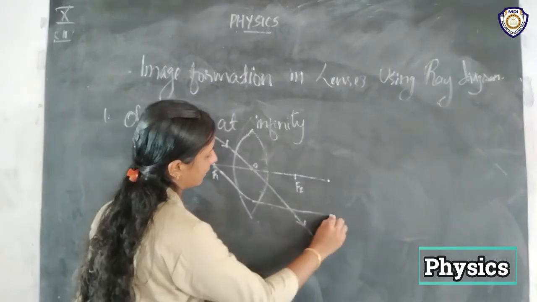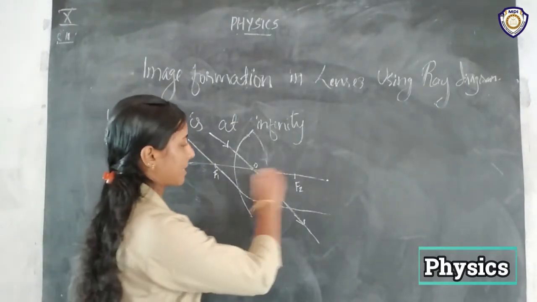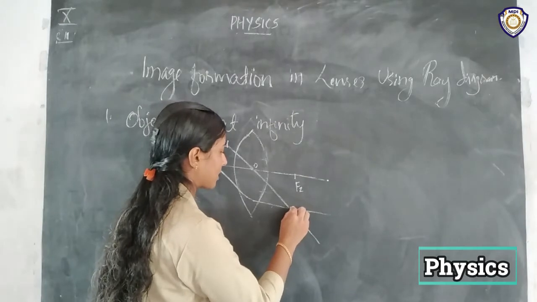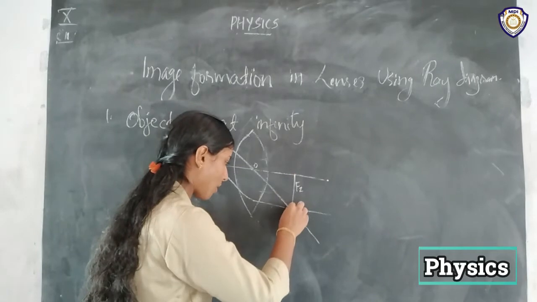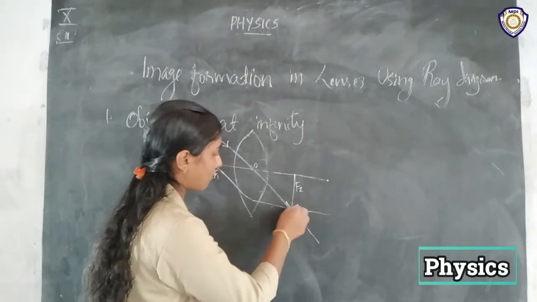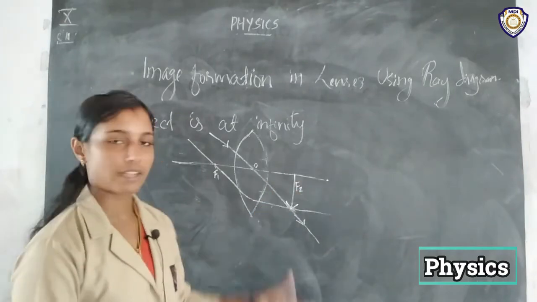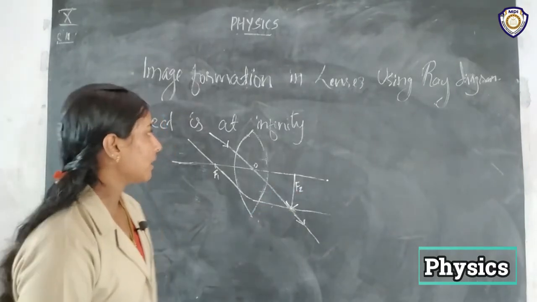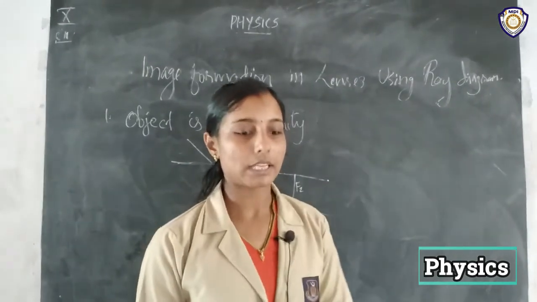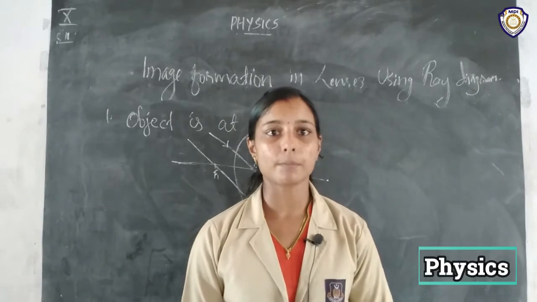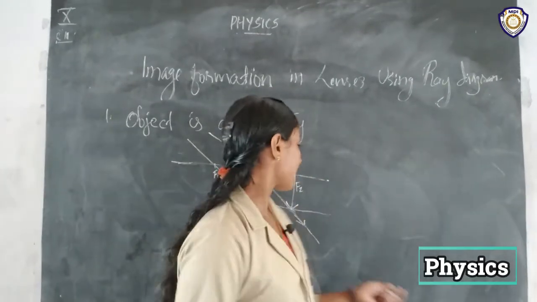They emerge parallel to the principal axis. So this is the point where they intersect each other. So here the image is formed at F2, the principal focus on the other side, right? So when the object is at infinity, the image is formed at F2, the principal focus on the other side.